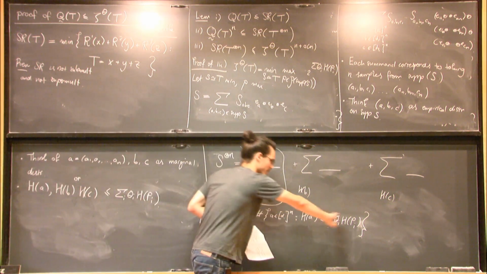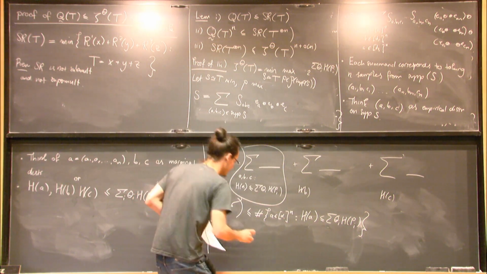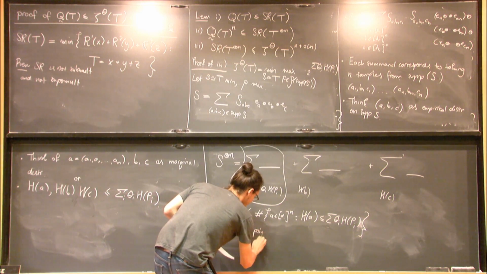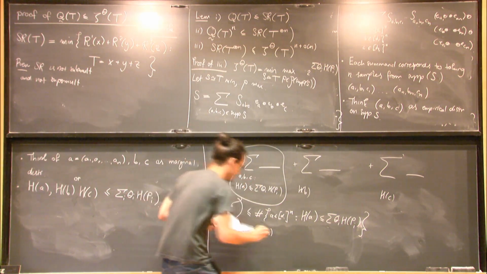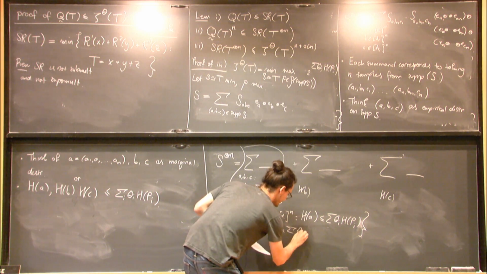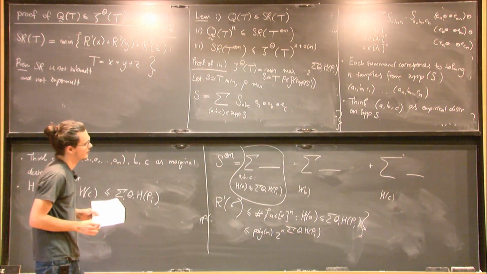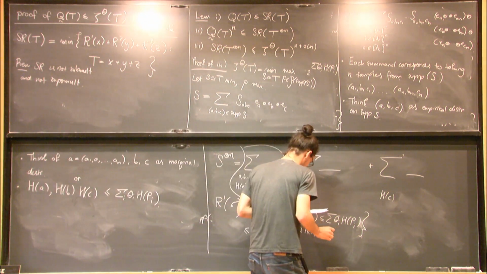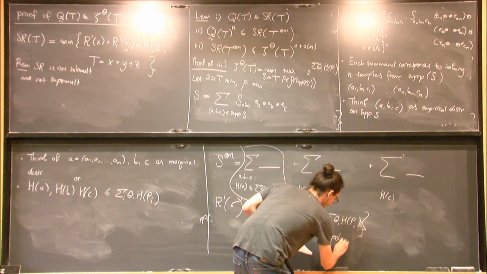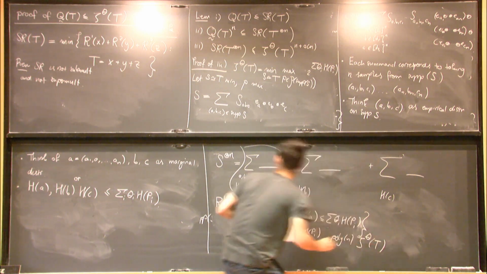And then if you start upper bounding this size, you'll get that this is at most some polynomial factor in n times 2 to the n times this weighted average, which equals some poly n times our Strassen function.